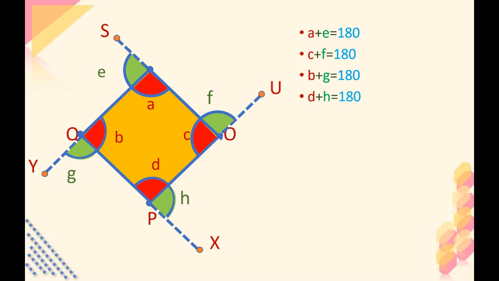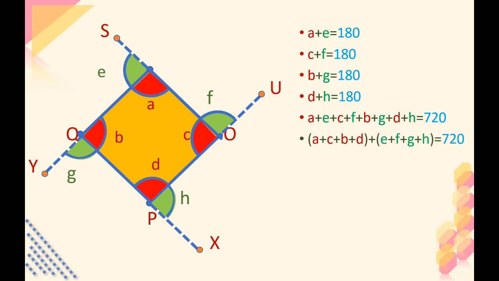Now, what if we add all of them? The sum of all those angles is 720 degrees. And since we have the commutative property of addition, do you remember that? That means we can have a different order of the addends, we can group the interior angles, and we can group the exterior angles.